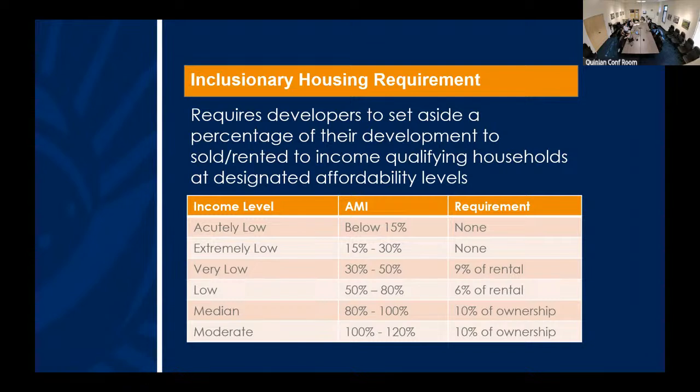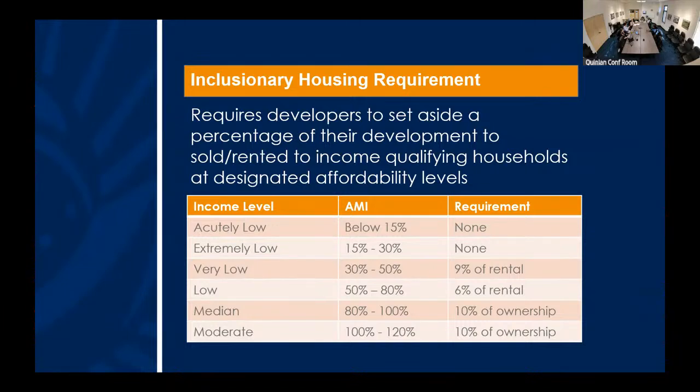Within our inclusionary housing requirement, we require ownership development. So that means anytime there's single family homes, duplexes, triplexes, townhomes, things that are meant to be individually sold with a deed, right? 10% of those are required to be made available to moderate income households. Next income bracket is median income households. This is from 80% to 100%.